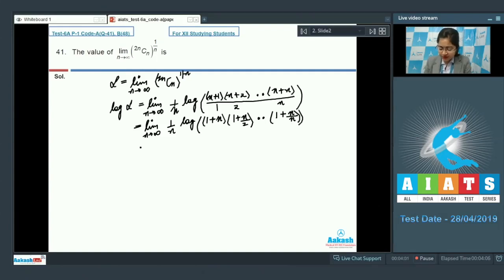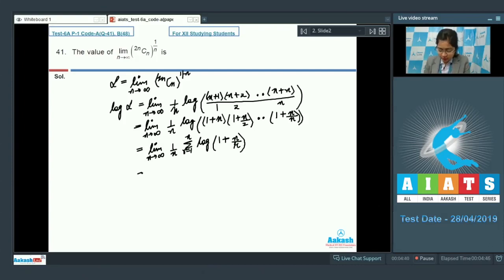So it can be observed that it is equal to limit n tending to infinity 1 by n into summation of r equal to 1 to n log of (1 plus n by r), right? r is going from 1 to n.